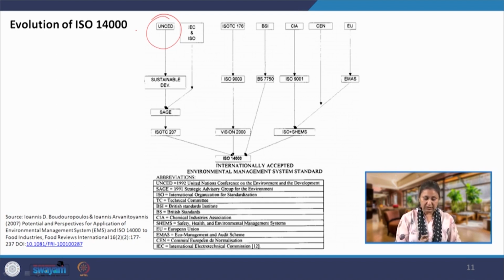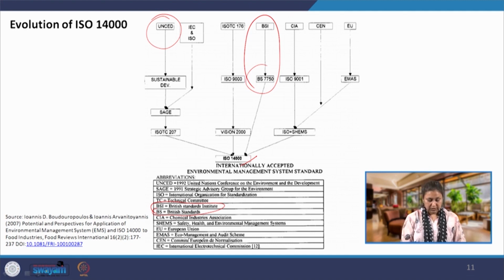There are other committees, for example, the British Standards Institute, which is responsible for contributing to and developing ISO 14000. The European Union has also contributed towards the development of ISO 14000. We have the International Electrotechnical Commission.